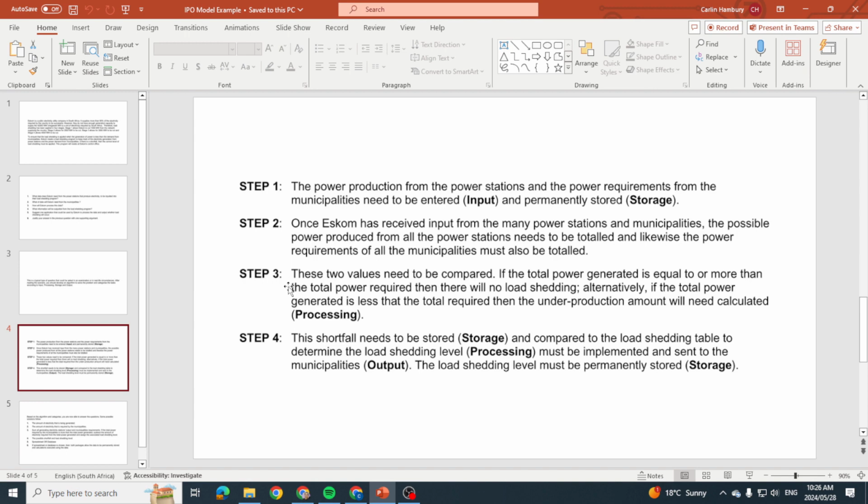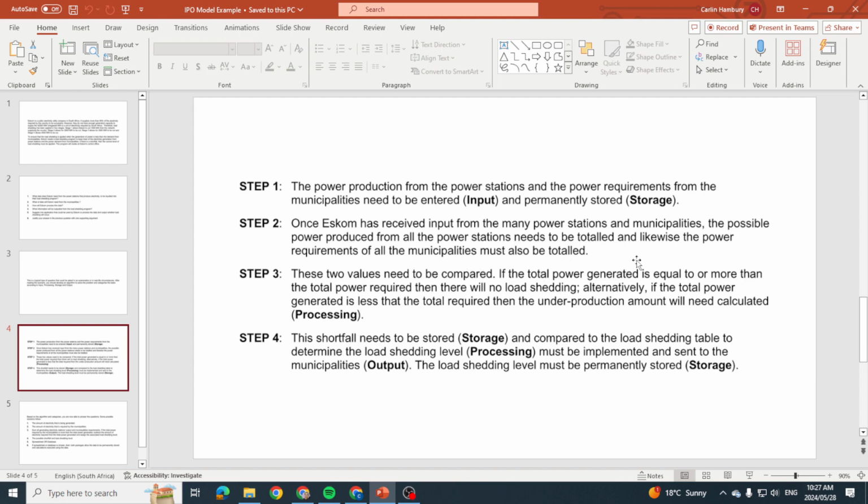Then I want to go down to step 3. Well, let's look at step 2. Once Eskom has received input from the many power stations, the possible power produced from all the power stations needs to be totaled, and likewise the power requirements of all municipalities must be totaled. Okay, so that's done. Step 3. These two values need to be compared.